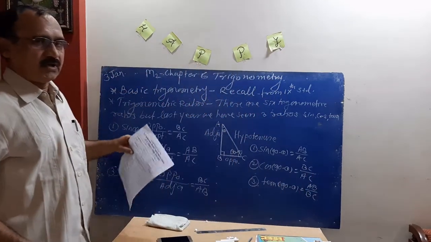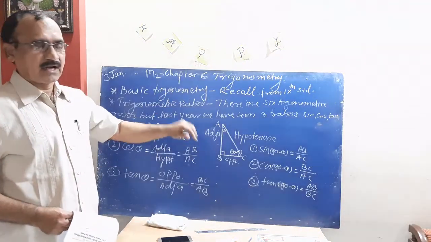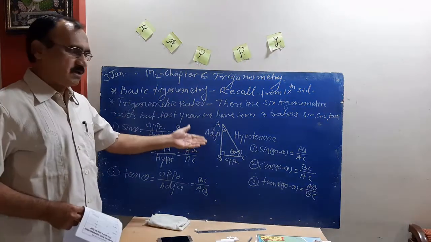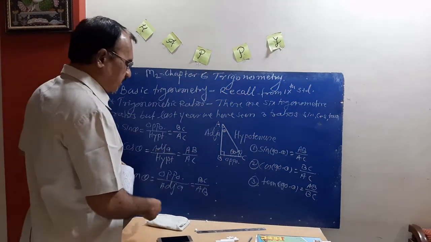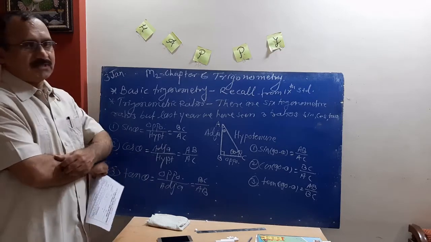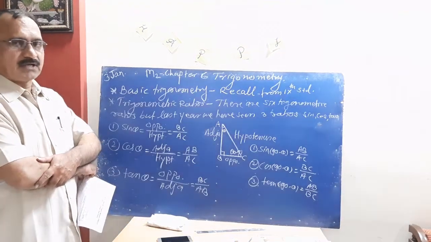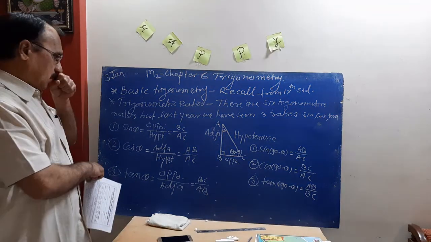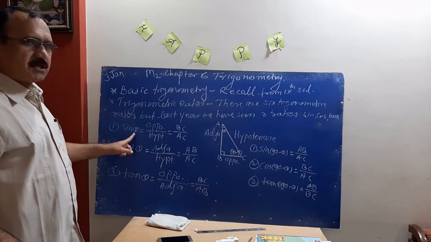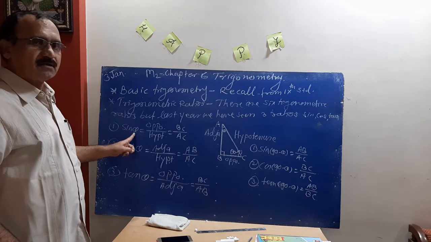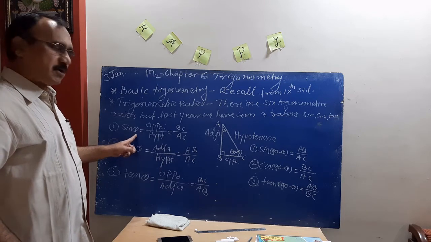In such a way we can write these three ratios from any right angle triangle. These three ratios are the basic trigonometric ratios of trigonometry: sin theta, cos theta, and tan theta. Except theta, you can write x, alpha, beta, gamma, y, p, whatever may be.